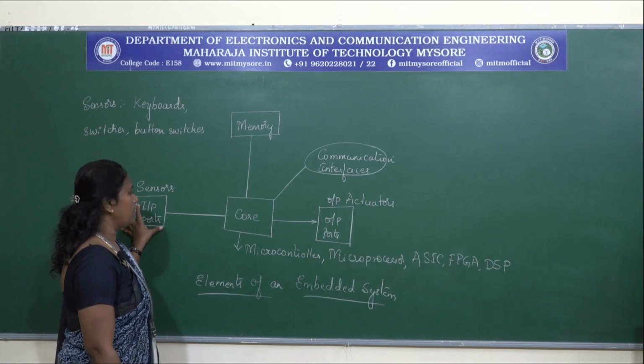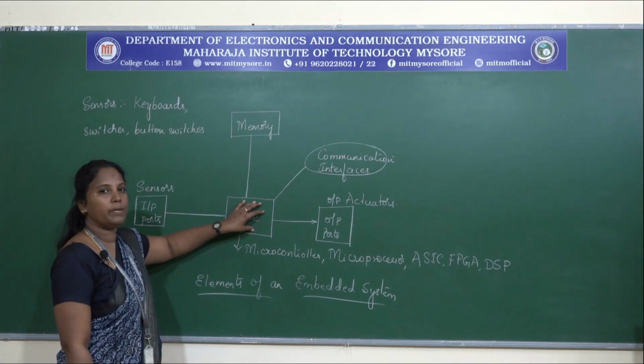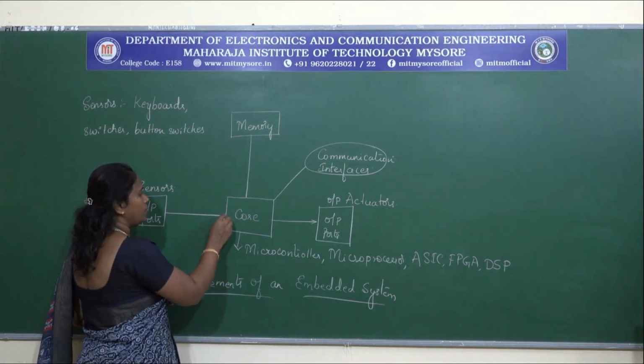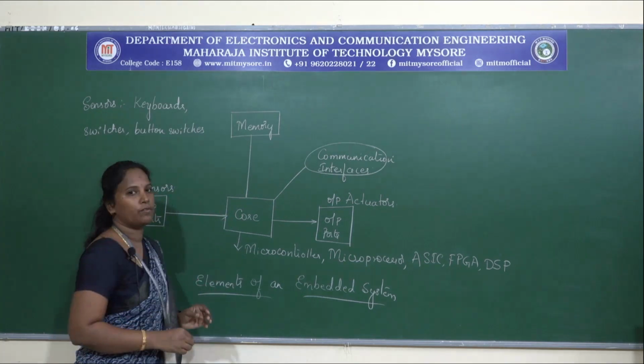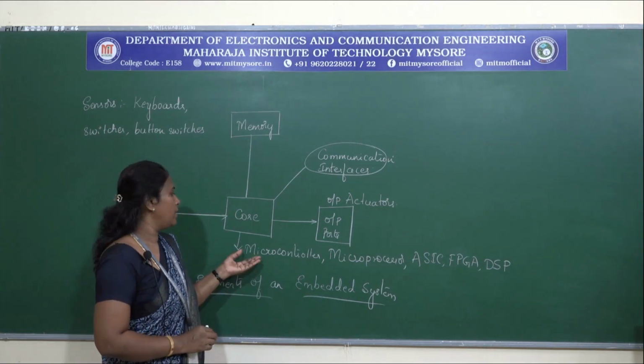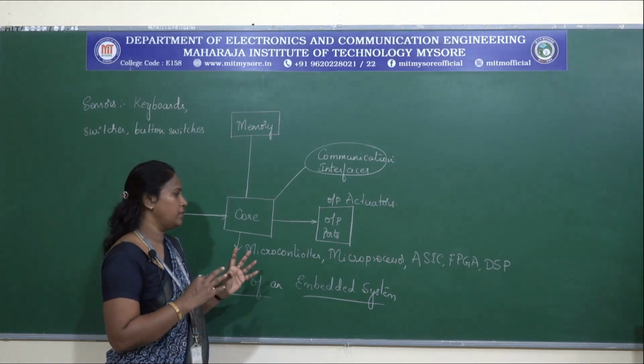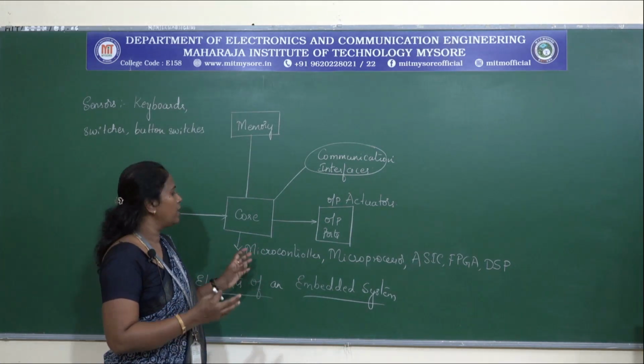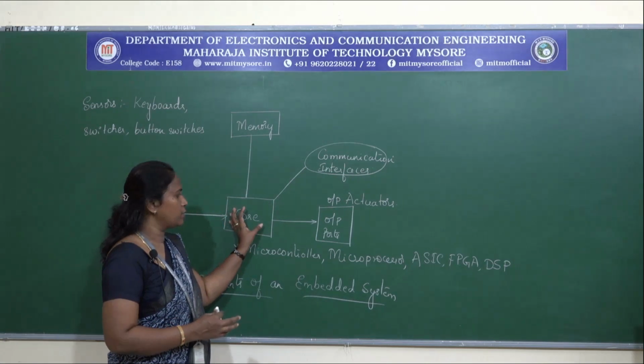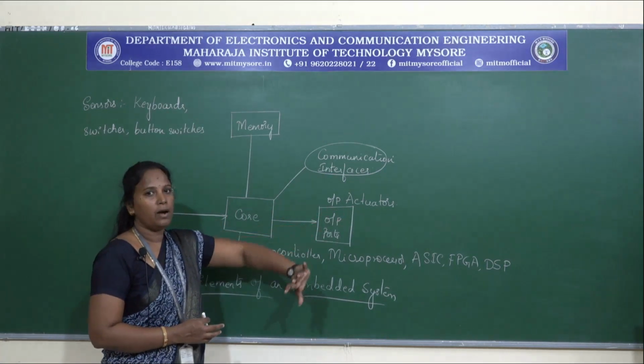Whatever you have sensed will be given as an input to the core of the embedded system. Once it has been sensed, it is going to process it, and after processing it is going to produce the output.